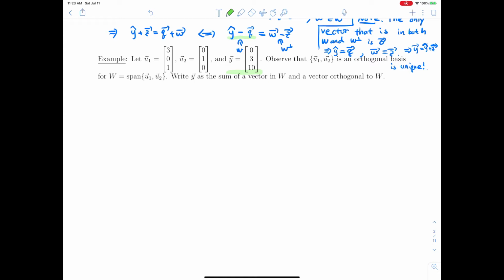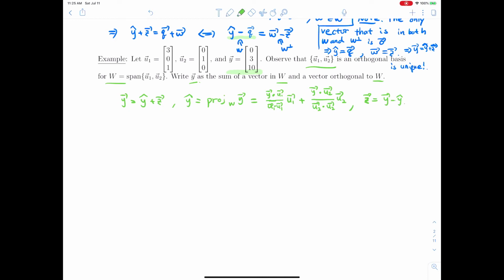Okay, so we have u1 and u2 as an orthogonal basis for W, and we want to write y as the sum of a vector in W and a vector orthogonal to W. In other words, we want to write y equals y hat plus z, where y hat is given by the projection of y onto W. This is defined by y dot u1 over u1 dot u1, multiplied by u1, plus y dot u2 over u2 dot u2, multiplied by u2, and we have z equals y minus y hat.